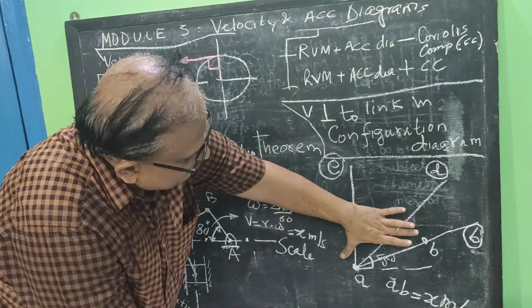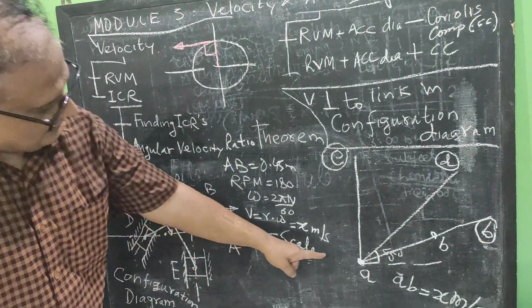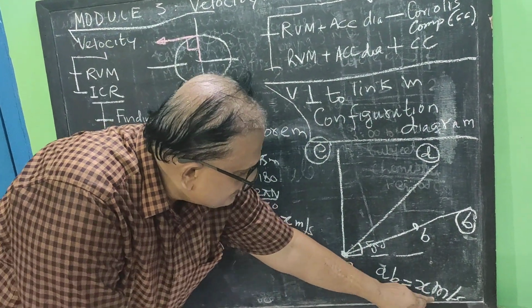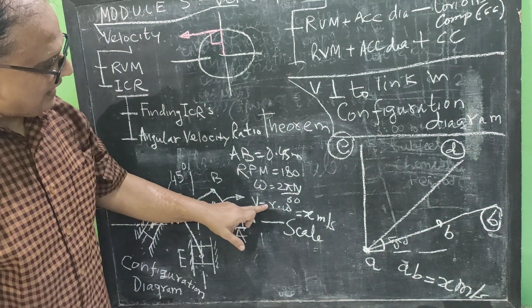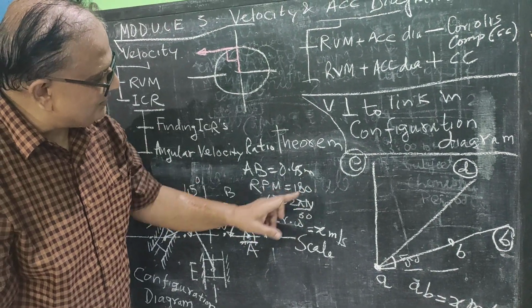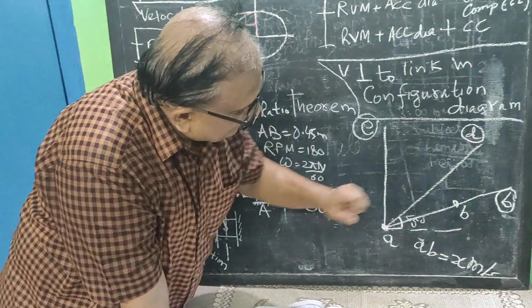So what I have done is I have marked the point B over here. Okay? A is known, B is known. How did I get this ab? ab is equal to X meters per second, and V_B is equal to R omega is equal to X meters per second. R is 0.45 meters. Omega you can find out from here as N is equal to 180 RPM. Done? So now you know the point B.